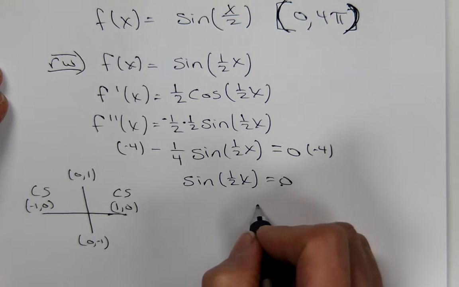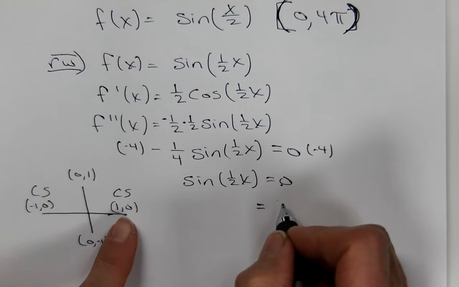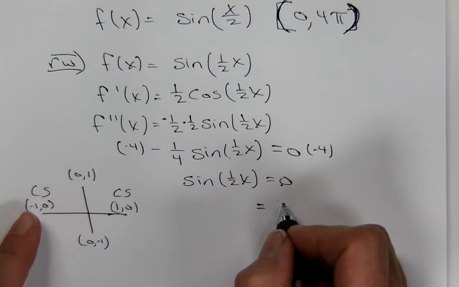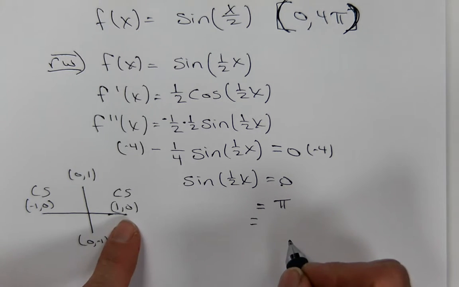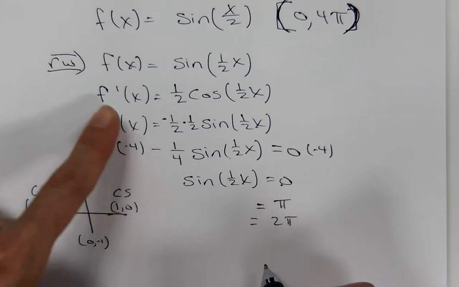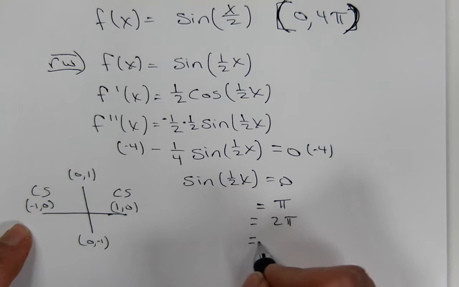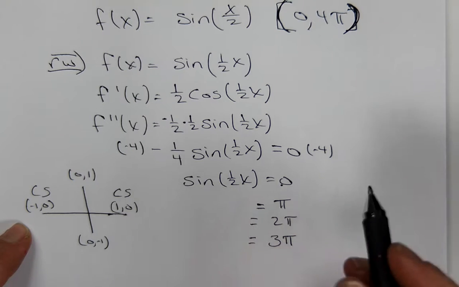So we have 0, which we're not really going to use because it's not in the domain, and pi. And then go around some more, and now we're at 2 pi. And keep going around so you get your 2 rotations and 3 pi. And then we set the angle that we have equal to that.